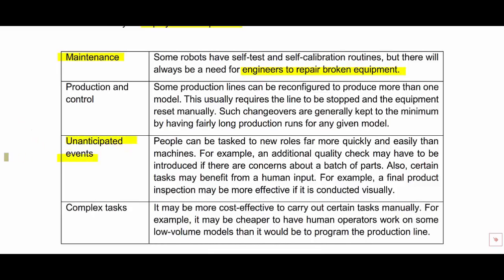So sometimes it's just quicker and easier to get a person involved. An additional quality check, for example, can be handled more ably by a human being often. And final product inspection as well. Often it's more effective to conduct that visually.